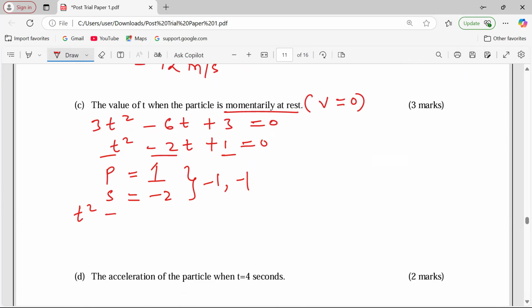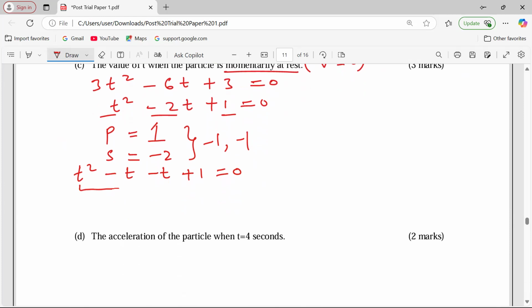t squared minus t minus t. Instead of negative 2t, I have negative t, negative t. Then plus 1, this is equal to 0. So from the first two, we factor out t. We remain with t minus 1.